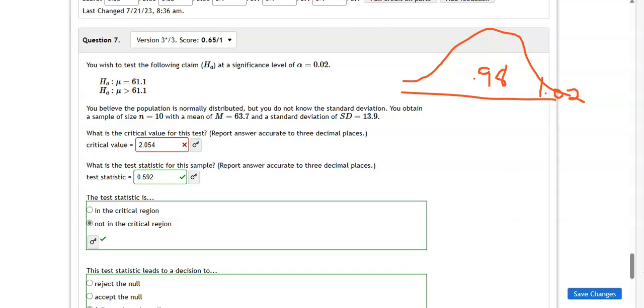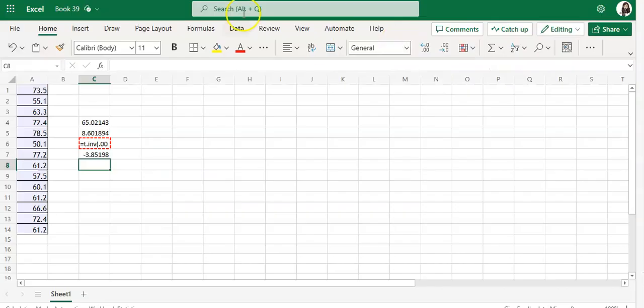So since this is a small sample size, we need to use our t-test. So let's go ahead and look up 0.98 with degrees of freedom of 10 minus 1, so 9 degrees of freedom. All right, so if I go back here to Excel, I'll have to get out of drawing.